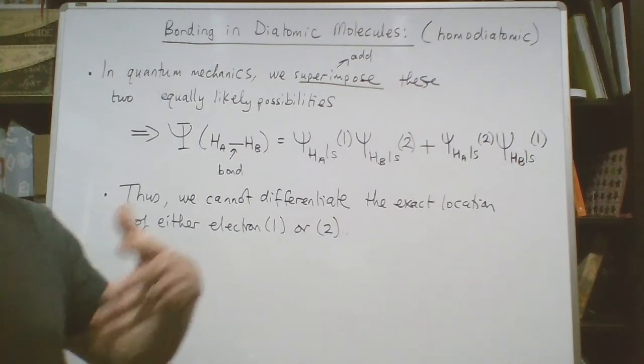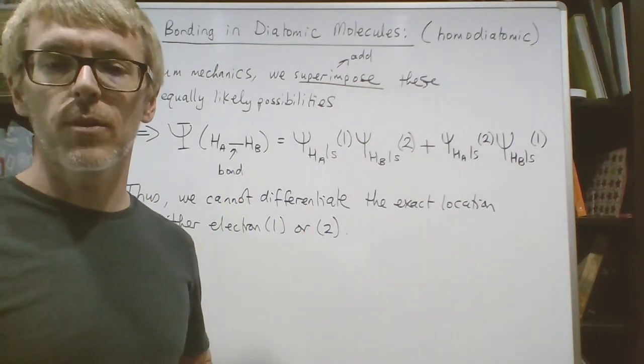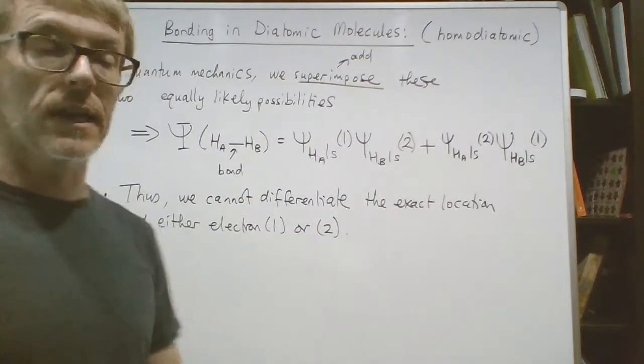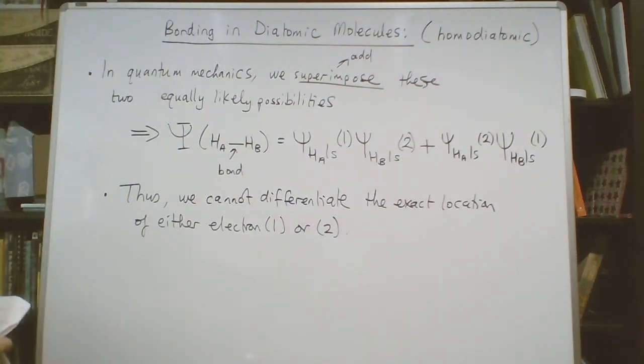Which is great, and that totally agrees with Heisenberg's uncertainty principle. You can't pin an electron down, or any subatomic particle for that matter.